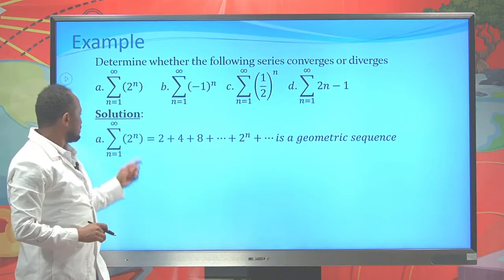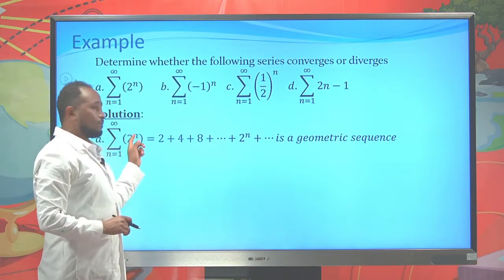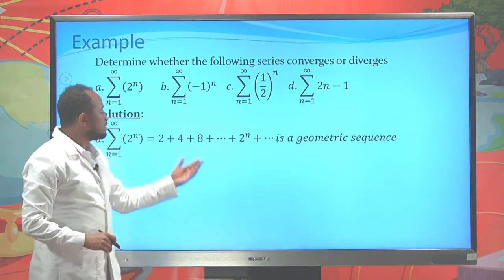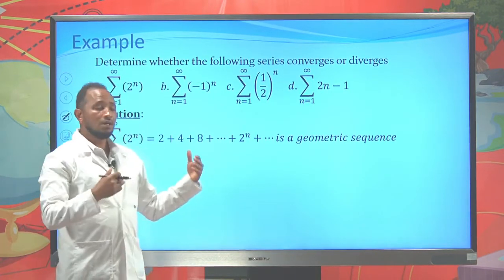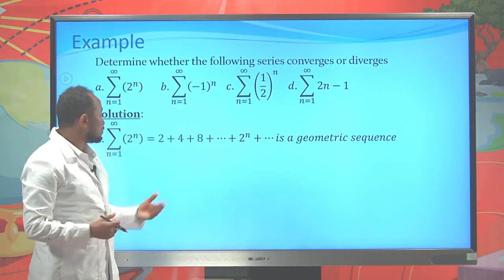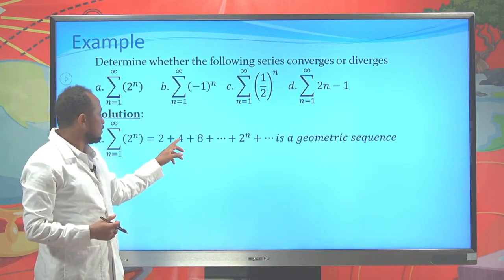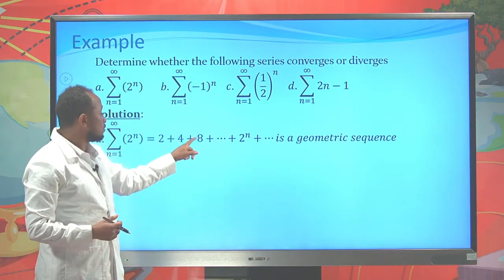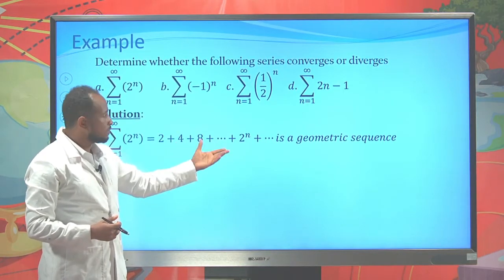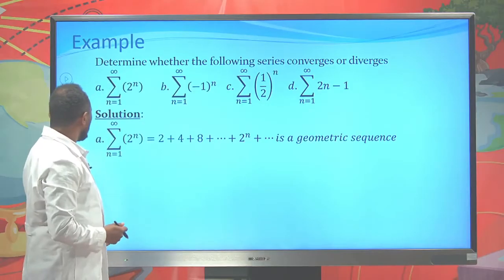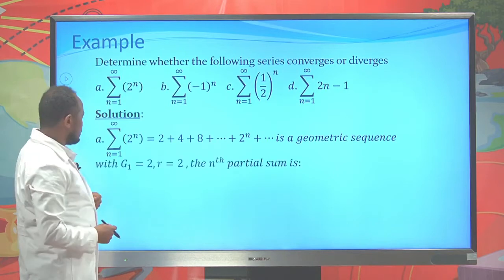The first term, 2 to the power of 1, is 2, plus 4, plus, it goes on like this. When you see this, it is a geometric sequence with first term 2 and common ratio, if you take the ratio 4 over 2 it is 2, 8 over 4 it is 2, and so on. So it is a geometric sequence with first term 2 and common ratio 2. So the sum will be evaluated in this form.